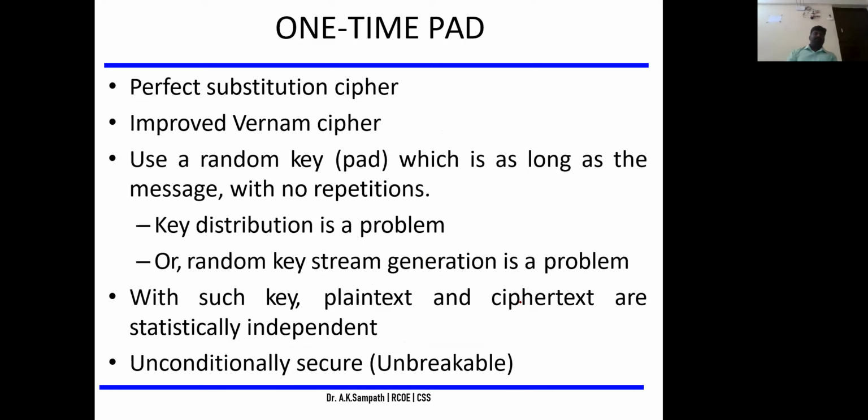The next important technique we are going to discuss here is the one-time pad. This is irrespective of whatever formula you have used so far. In the Caesar cipher we used ciphertext equals plain text plus 3 mod 26, or we can use ciphertext equals plain text plus k mod 26.